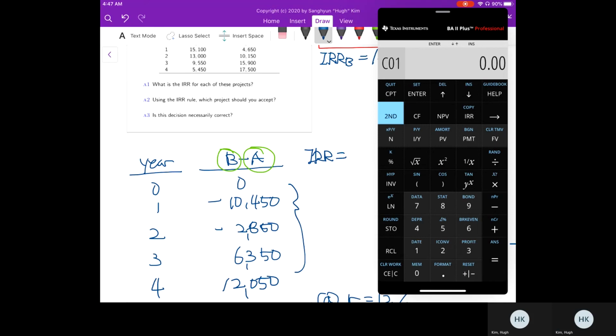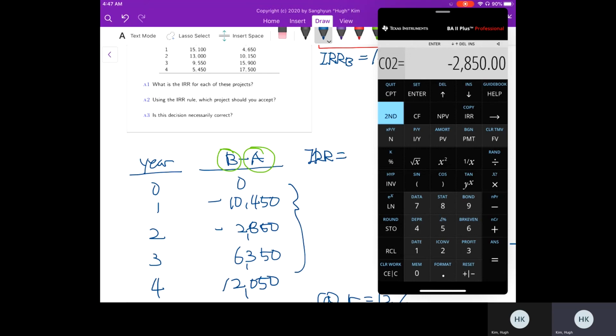Then cash flow 1 is negative 10,450. Press enter. And F1 is 1 by default. Cash flow for year 2 is negative 2,850. Press enter.